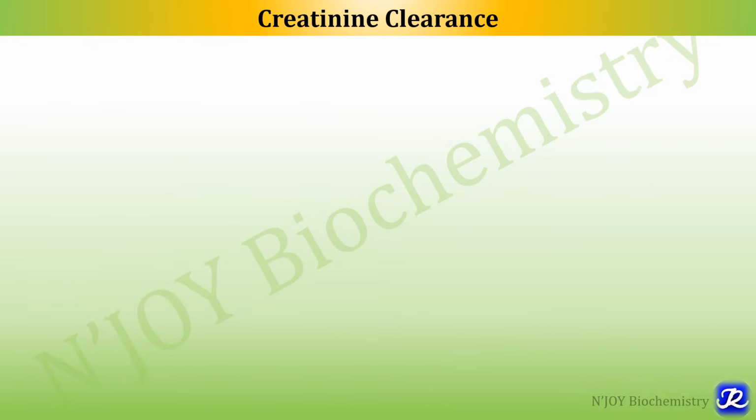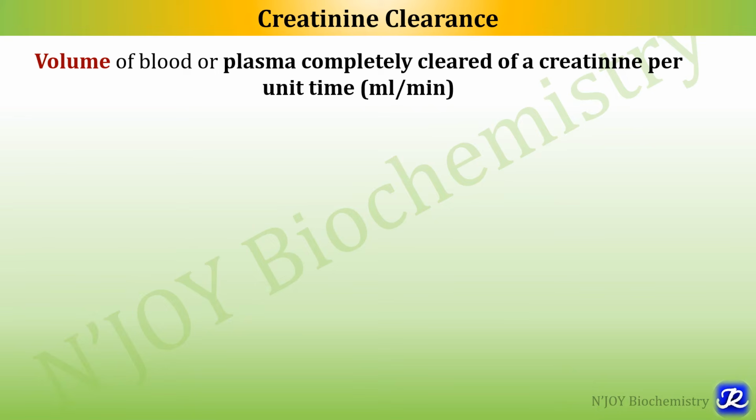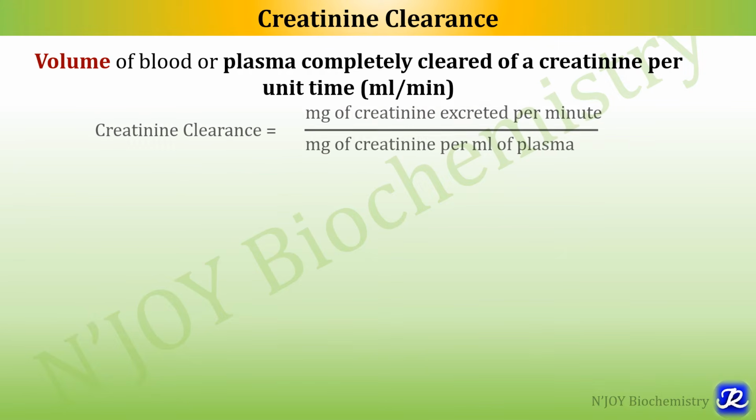So what is creatinine clearance? It is the volume of blood or plasma completely cleared of creatinine per unit time, and its unit is ml per minute. So creatinine clearance is equal to milligram of creatinine excreted per minute divided by milligram of creatinine per ml of plasma.